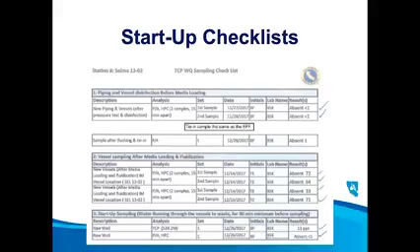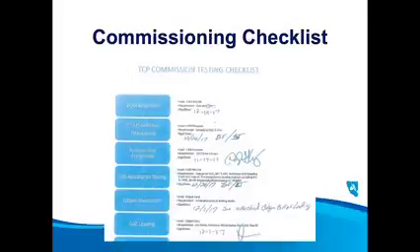One of the things that we did to document this process is we had these startup checklists. This one, I know it's a little hard to see, is for our water quality sampling data. I'll go over to the next spreadsheet. This was our final checklist that each department had to sign off on, and attached to it was the corresponding water quality data and any of the testing that we had done, so it was all in one packet.